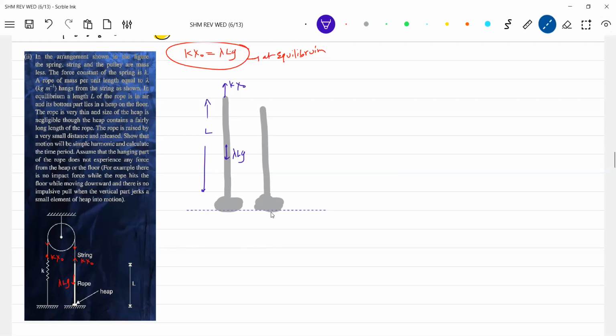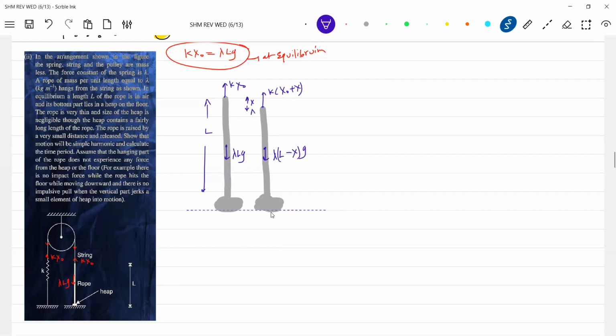Now when I pull the rope by distance x, this x is very small. How much spring force? Kx naught plus x. Then how much here will be lambda L minus x g.